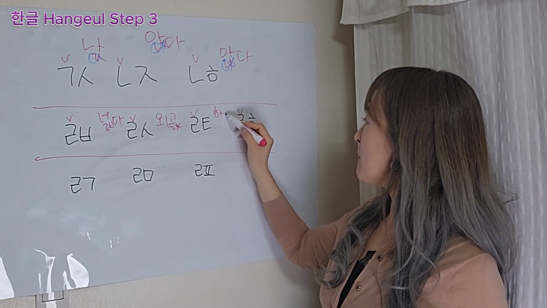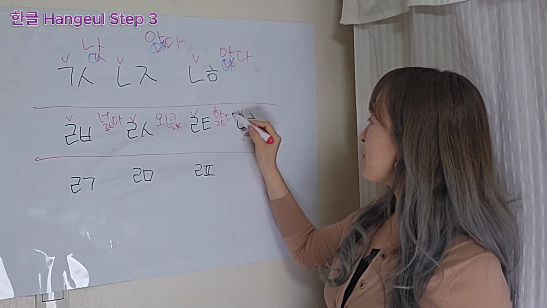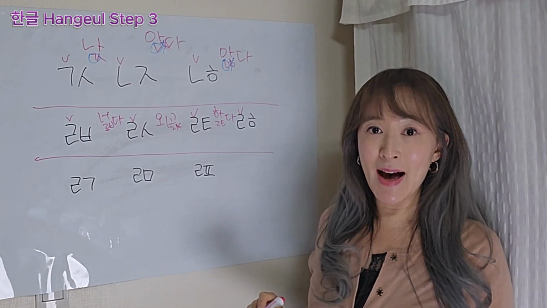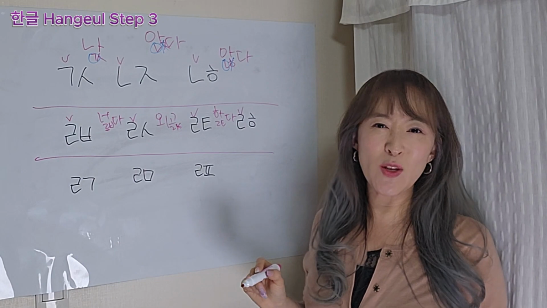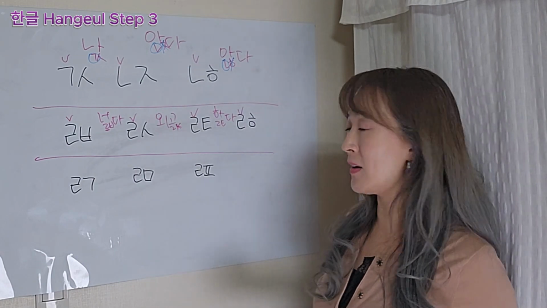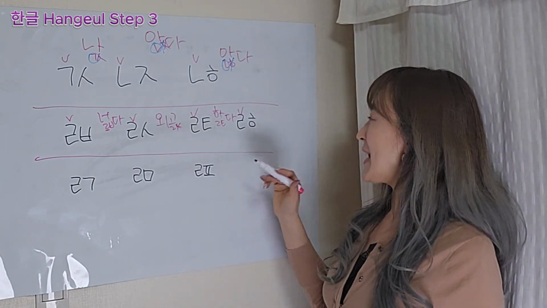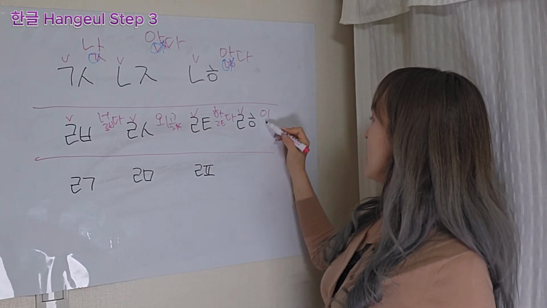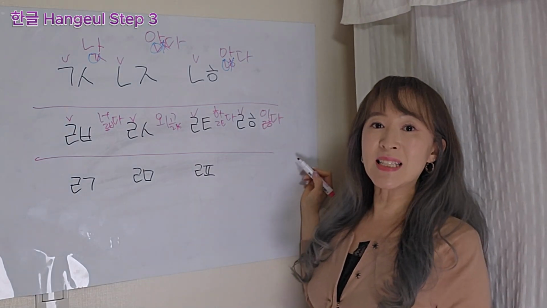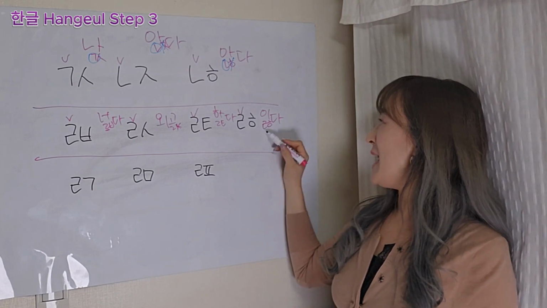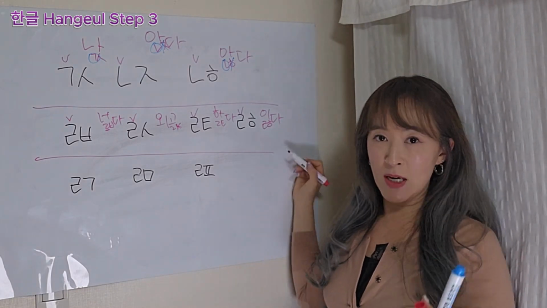And this one, 핥다 means to lick. So when you have a puppy or something, or like cat, right? 핥다. And this last one is 잃다. 잃다 means to lose something.